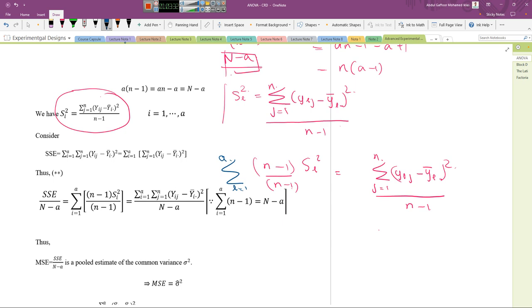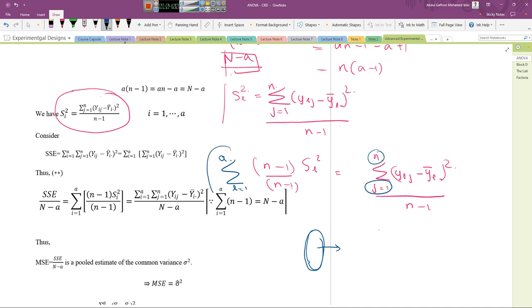Actually this is our error, but we have taken only one group, because we have considered j equals 1 to n, which means only one particular group.